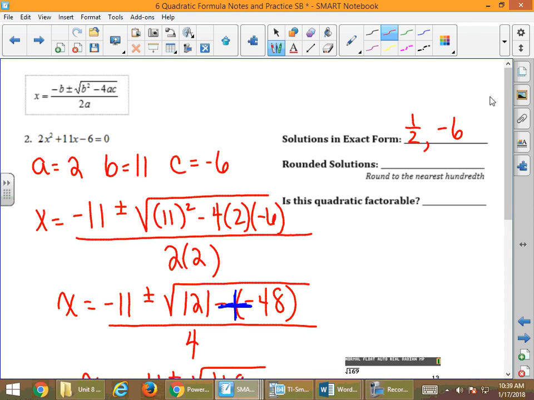And in fact, in terms of rounded solutions, I would have written 1/2 and -6, but since it says round to the nearest hundredth, how do we write 1/2 as a decimal? 0.5. And -6. Can we factor this function? Yes.